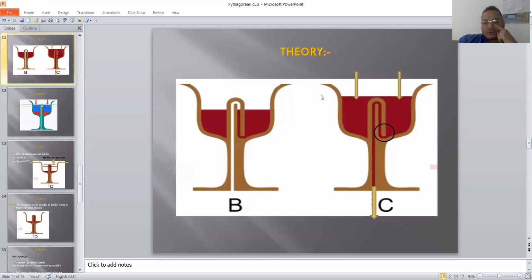Here, like I said before, we are dealing with this hole and with the pressure here, and the liquid reaches this point, but here it can throw out from this column.